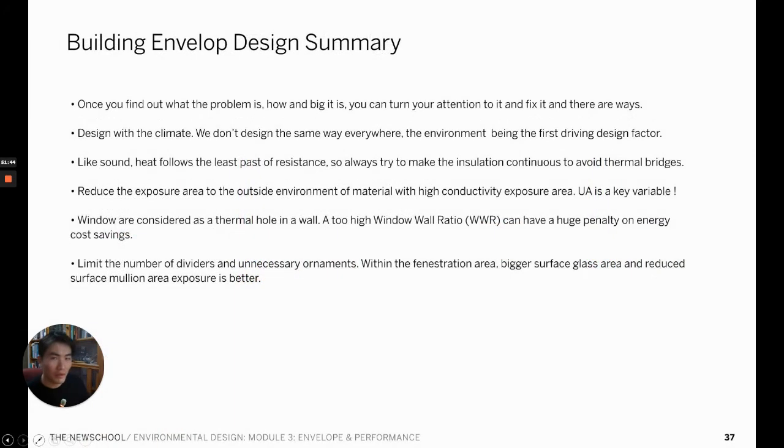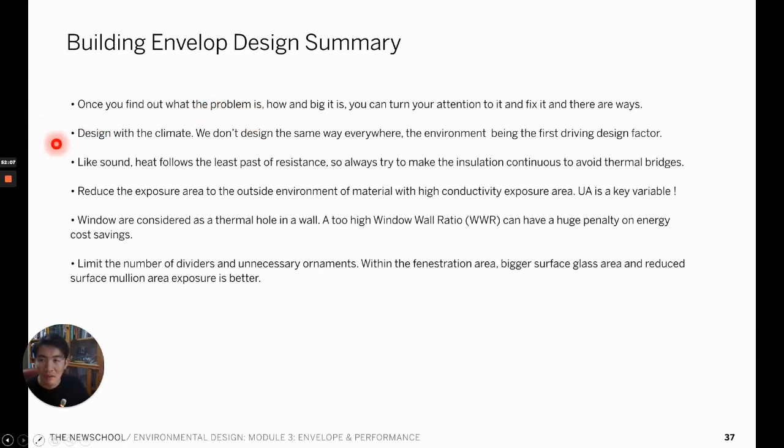Here is a summary of what you should be aware of when you are designing the building envelope. You should first find out what the problem is and how big it is, and you can turn your attention to it and fix it through an iterative process which ideally involves continuous simulation.